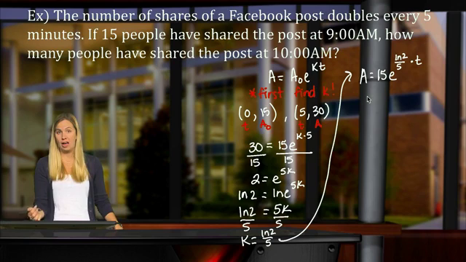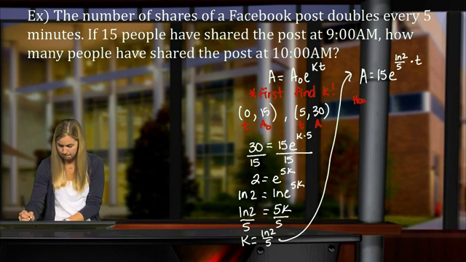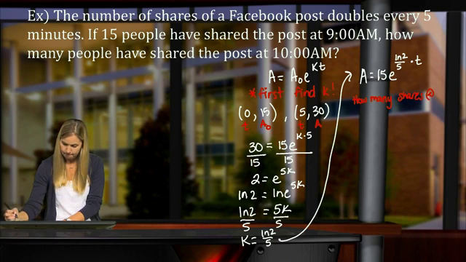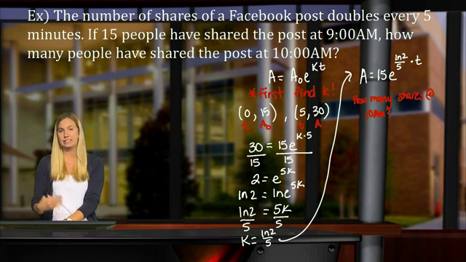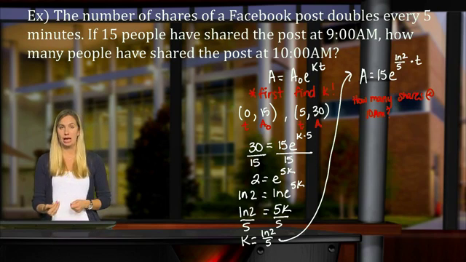Now we want to find how many shares were there at 10 a.m. Well, if it's 10 a.m., how much time has passed? You got to be really careful. We have to be consistent with how we're measuring time.